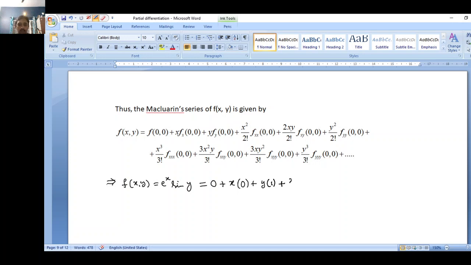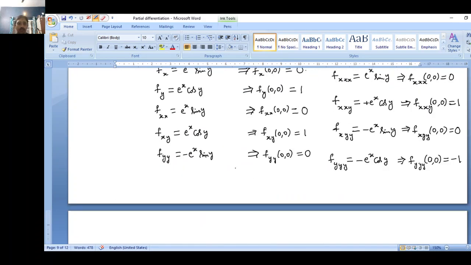Then next term is x squared by 2 factorial, which is 2, and fxx, if you remember, is 0 again because sin y remains the same, and then this is 2 by 2, which is 1. That will be xy into fxy of 0 comma 0. What did you get fxy of 0 comma 0 as?